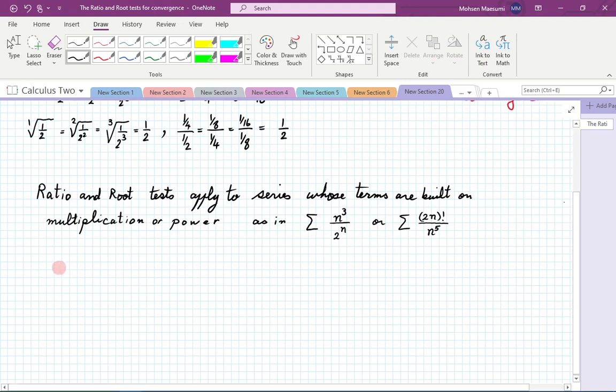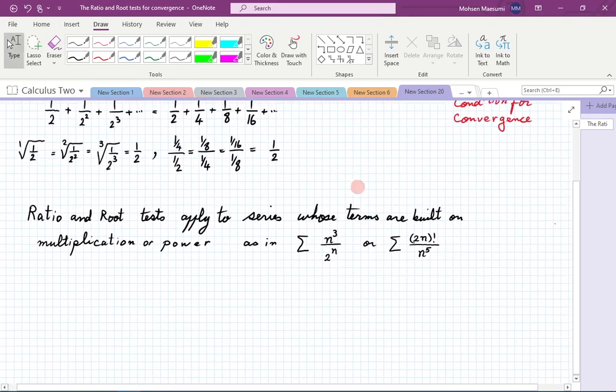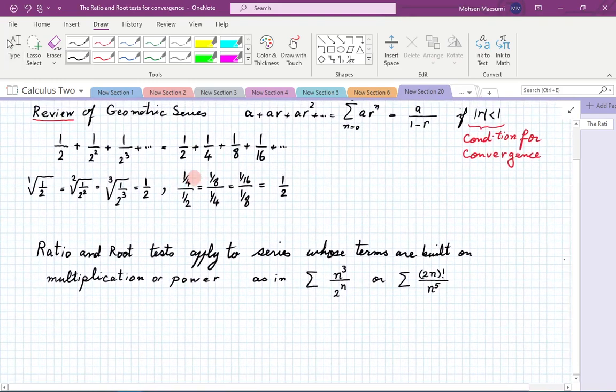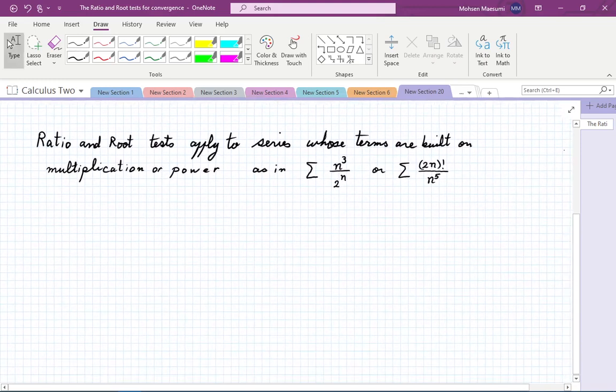If I take the ratio of two consecutive terms of the series and that ratio stays below 1, let's make it more specific. If I have a series, I write the series as a sub n.